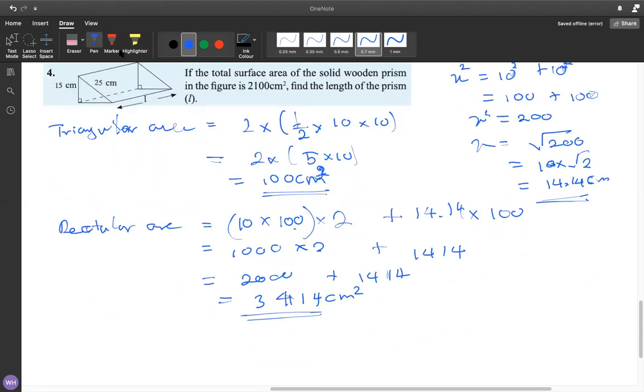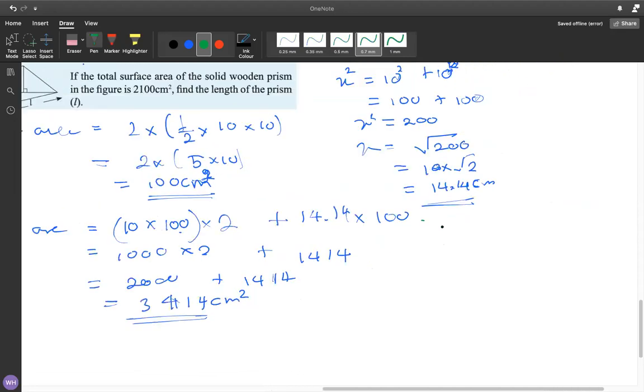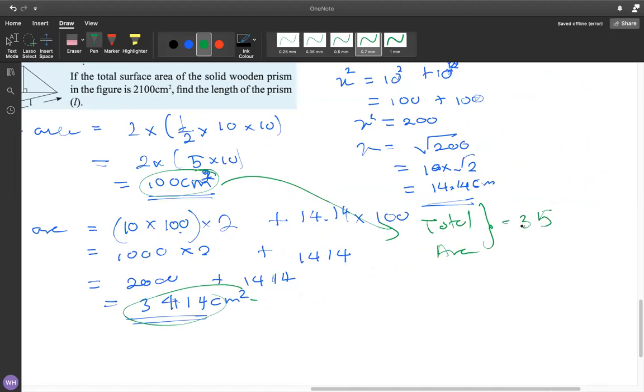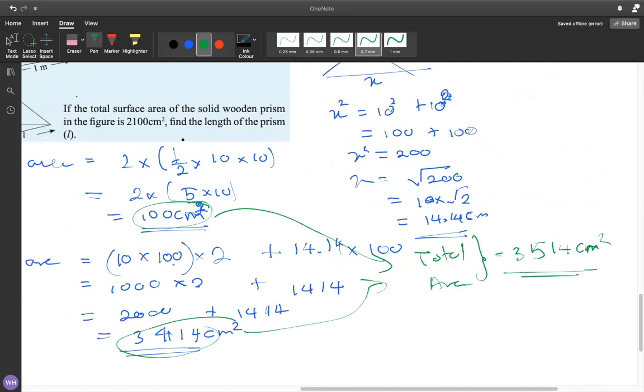Yes, Chamath, you are correct. Then the total area will be equal to 3500, and we need to add this 100, so 3514 square centimeters. Okay, right? So let's go to the fourth question quickly.